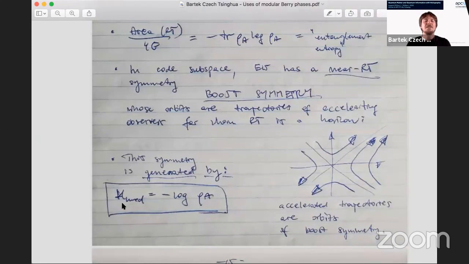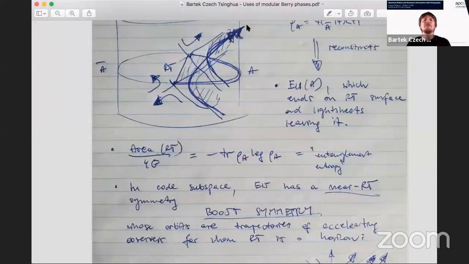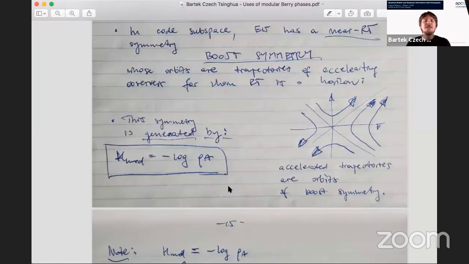And this is called the modular Hamiltonian, the generator of the approximate boost symmetry in the neighborhood of the RT surface. Calling it the boost is approximately true, and the approximation improves the closer I get to the RT surface.